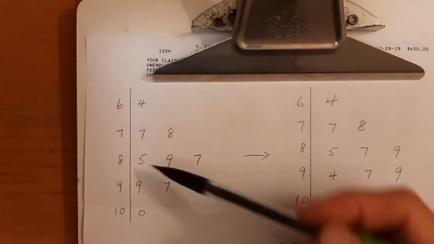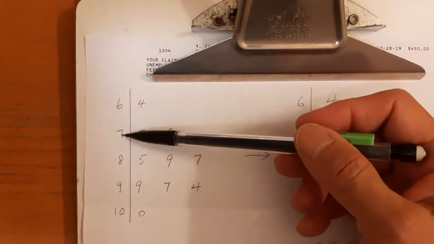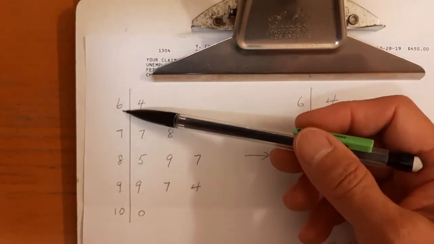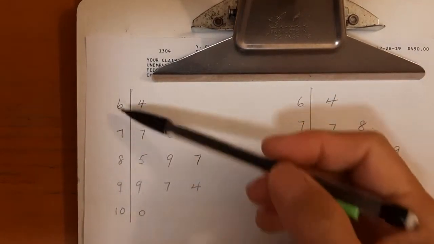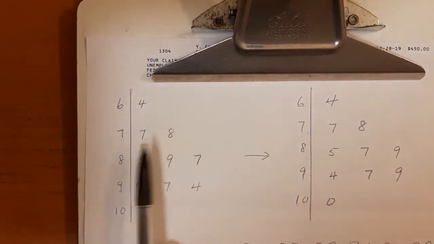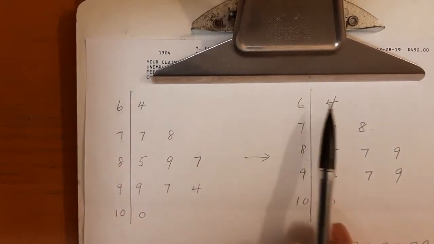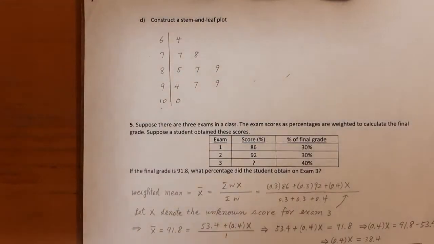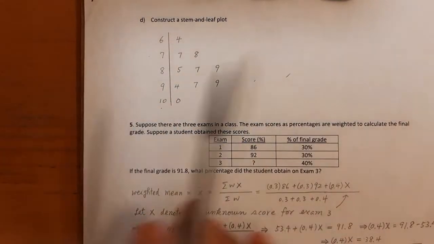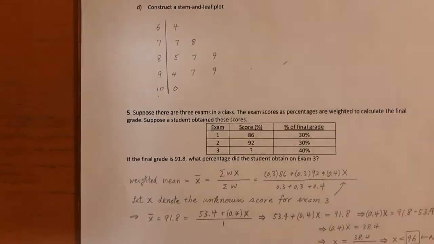First, you put the tens digits in the tens position as the stem, and from the ones position find the leaves and put them in order. As we talked about at the beginning, this is the ordered stem and leaf plot. Question 5.